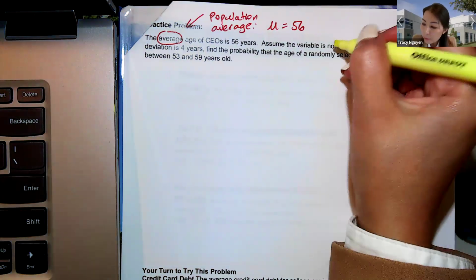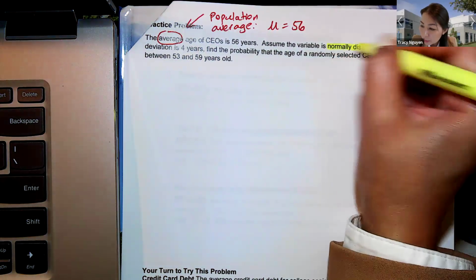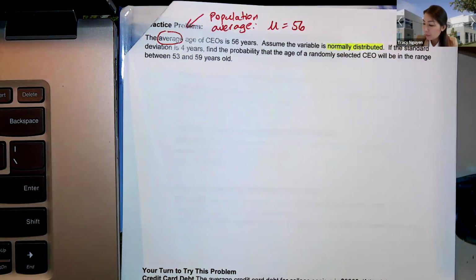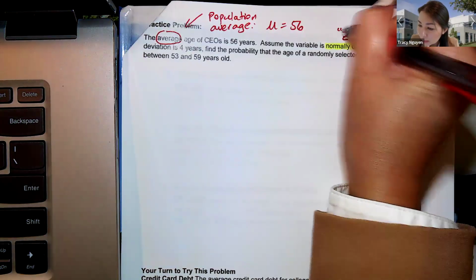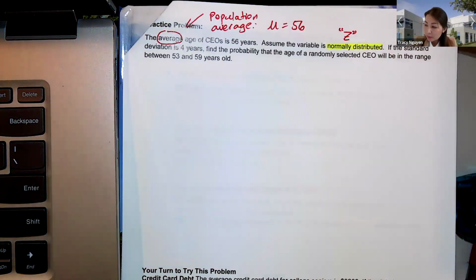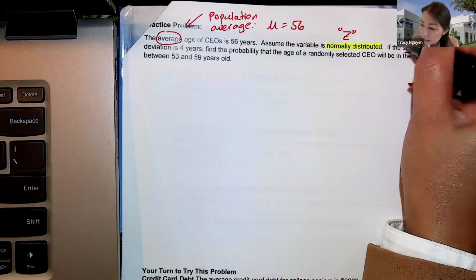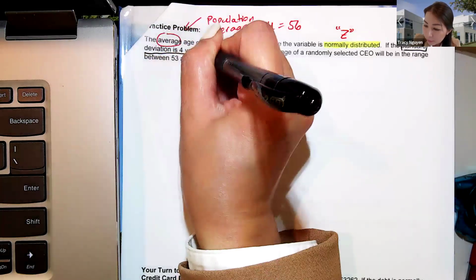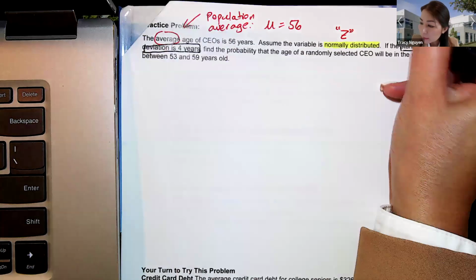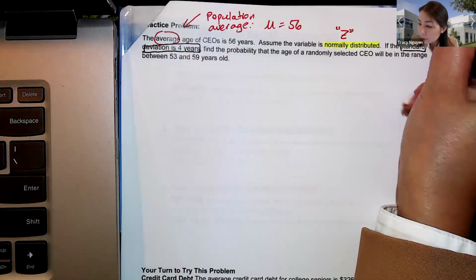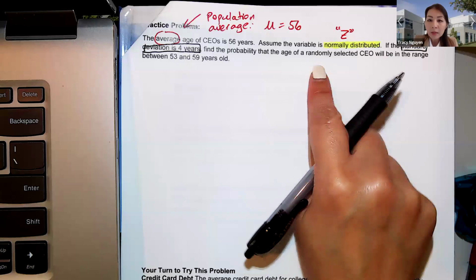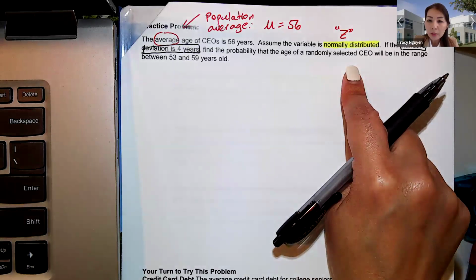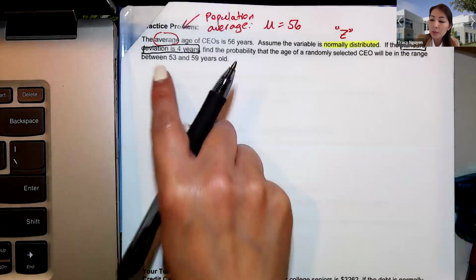So this gives away that we're going to use our formula for z. If the standard deviation is 4 years, that tells us sigma equals 4. What is the probability that the age of a randomly selected CEO will be in the range between?